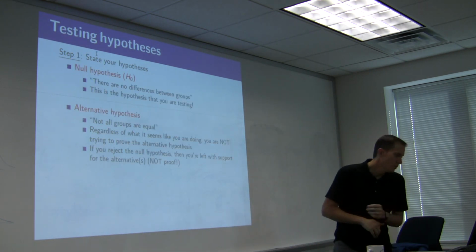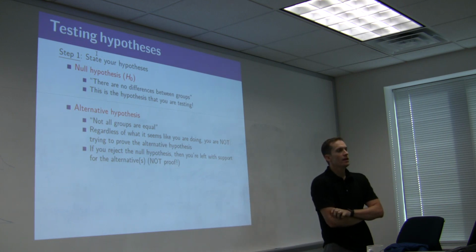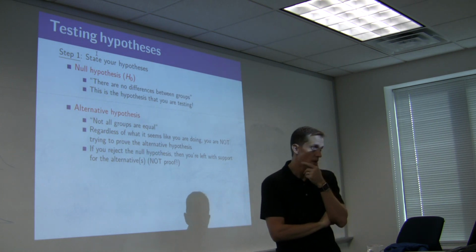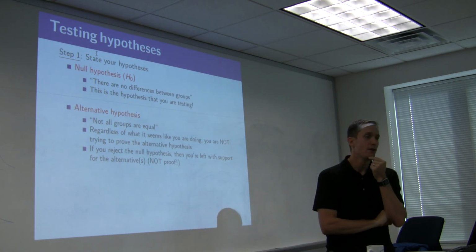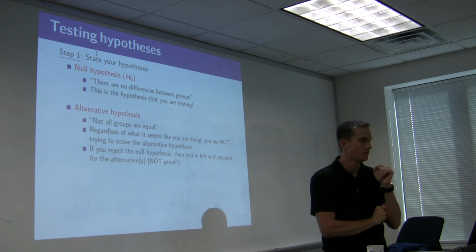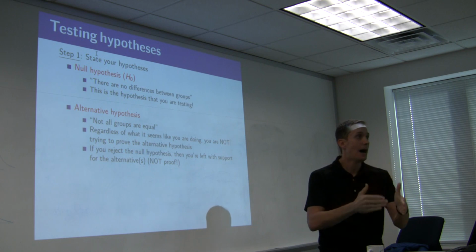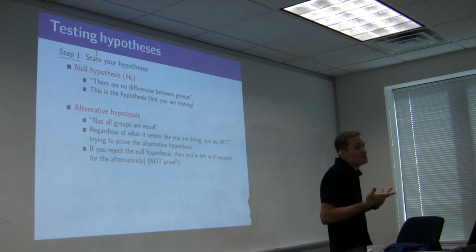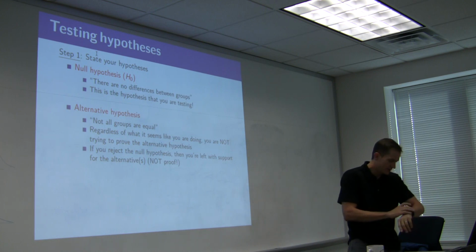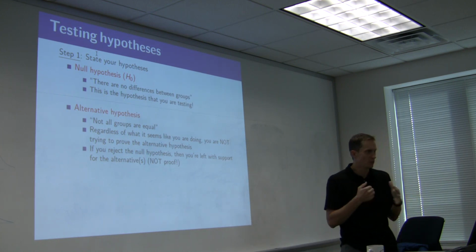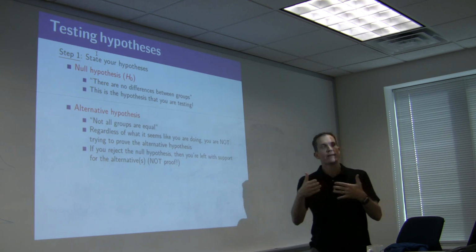Step one, you want to state your hypotheses. In hypothesis testing, the way we do it in this discipline, we usually set up 2 hypotheses. One is the so-called null hypothesis, which is the opposite of what you're interested in. It's the opposite of what you predict. Okay? So in our case, in this memory treatment example, this will be something like, there are no differences between groups, because we're actually predicting there to be a difference.